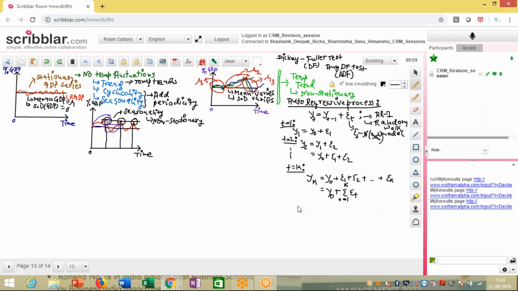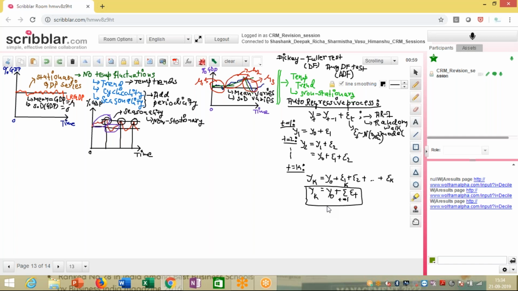Now look into this expression very carefully. If I interpret this equation, it says that the value that y takes at the kth period is explained by the initial condition, so from where it starts, and then by the addition of the error term.